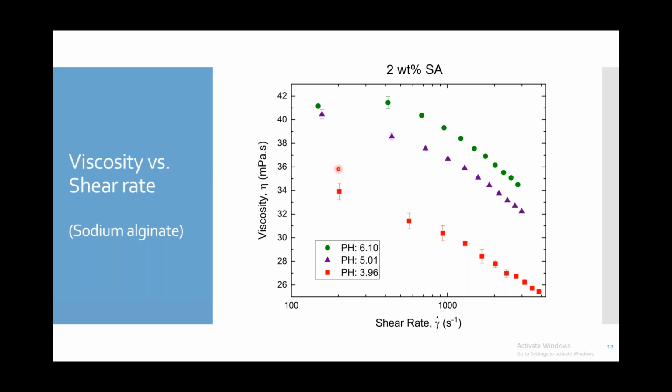However, our experiments show that in the moderate to high shear rate region that we examined in this study, lowering pH decreases the viscosity. This trend likely indicates that hydrodynamic forces can disrupt the aggregates and that eventually decreases the viscosity.